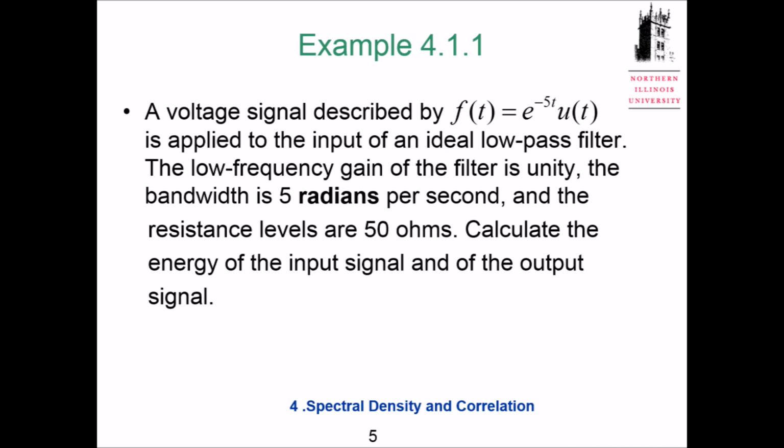The system has a gain of unity, the bandwidth is 5 radians per second, and the resistance level is equivalent to a 50 ohm resistor. We want to calculate two things: the energy of the input and the energy of the output.